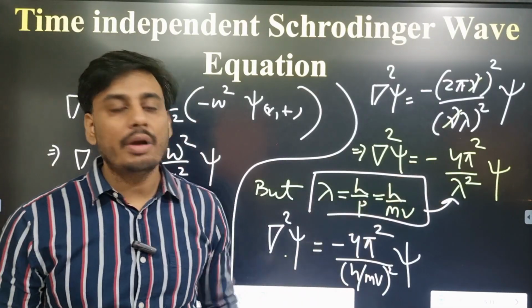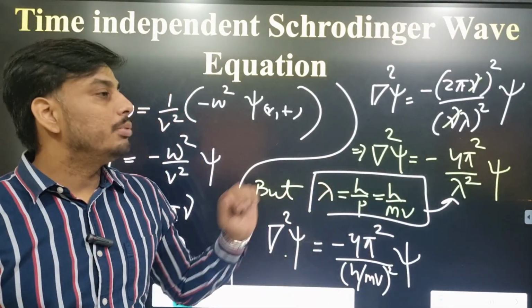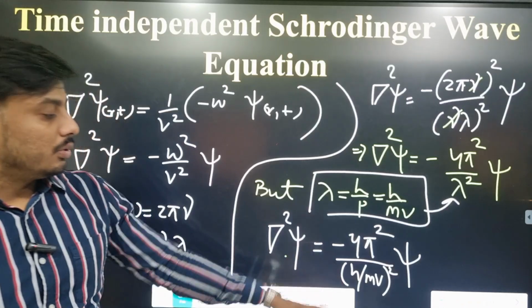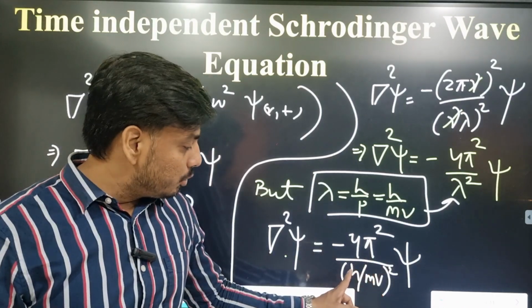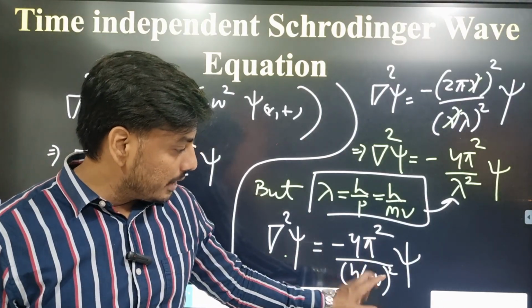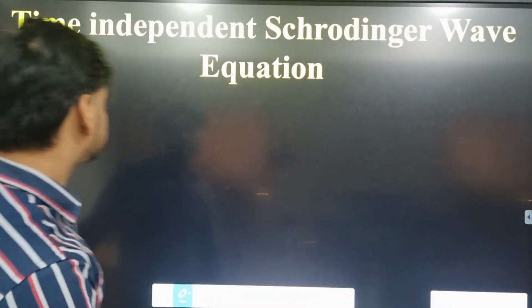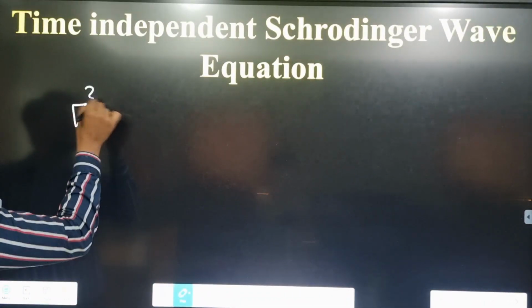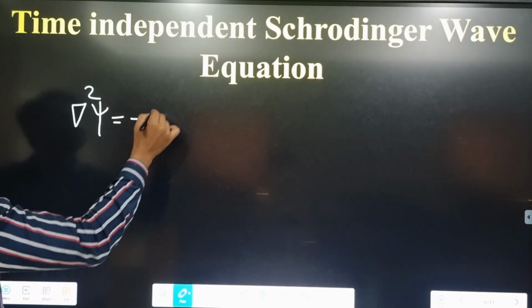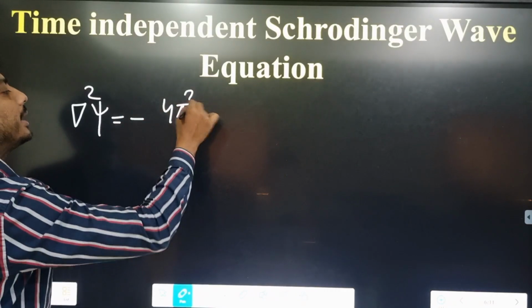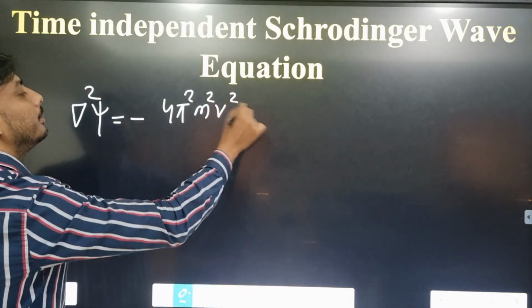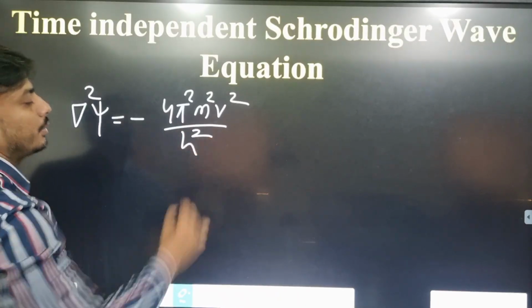Here we use the de Broglie wavelength or matter wave, which is equal to h by mv, its square, so this will be h square divided by m square v square, and m square v square will be converted to the numerator. So we get del square psi equal to minus 4 pi square m square v square by h square.